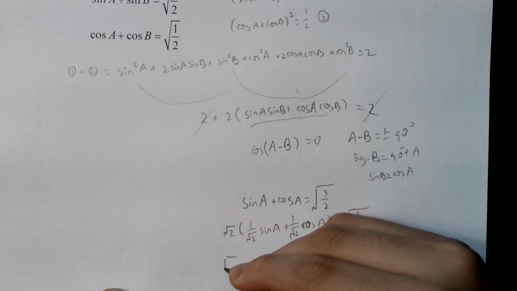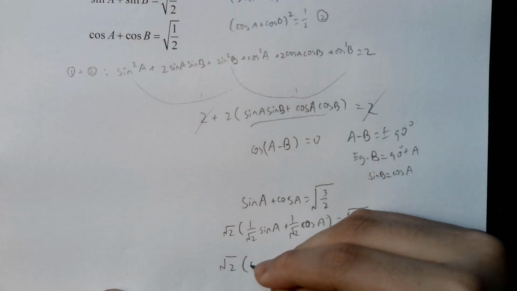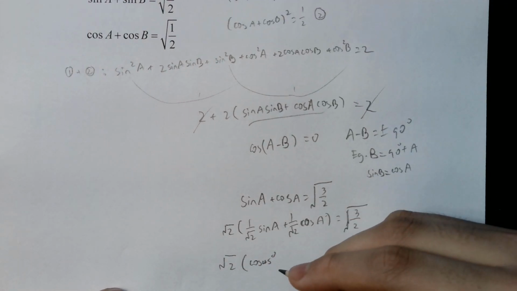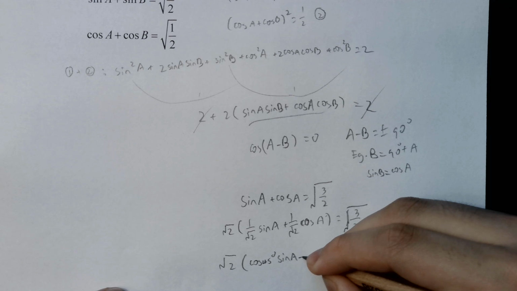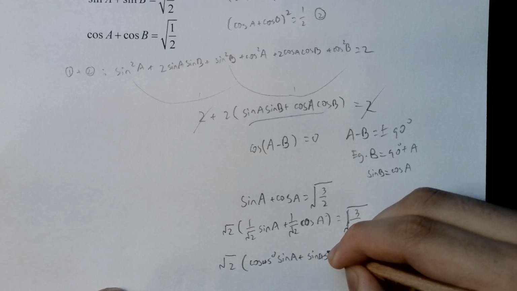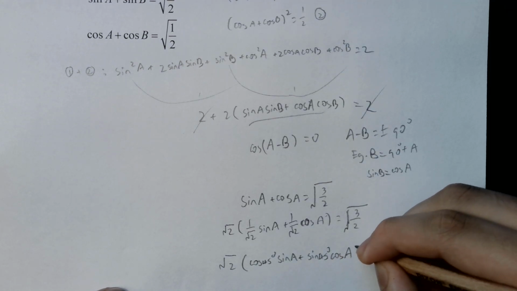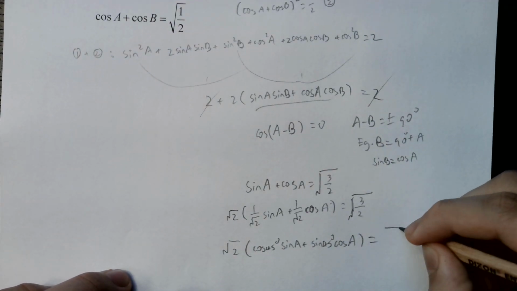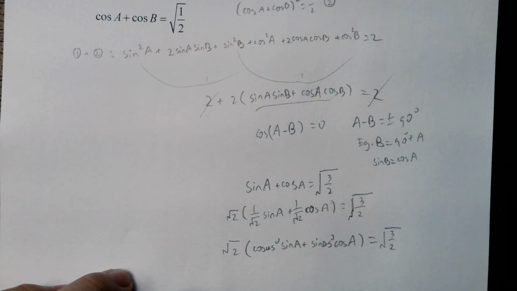And so by plugging that in here, we receive this, and this is going to be equal to square root 3 over 2, like before.